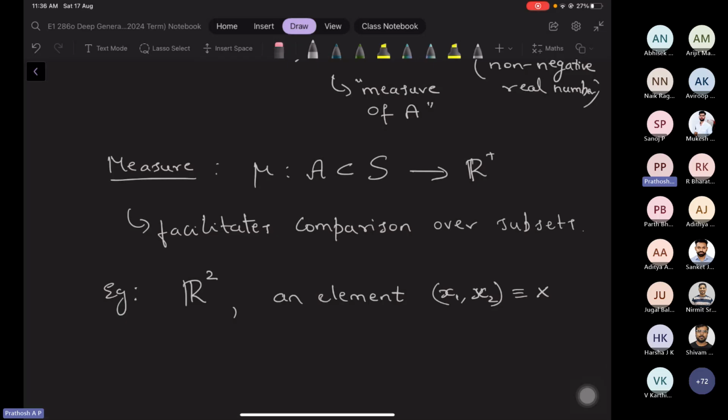Now tell me a measure that you know of that is defined on R2. The measure on R2. You people already know this.